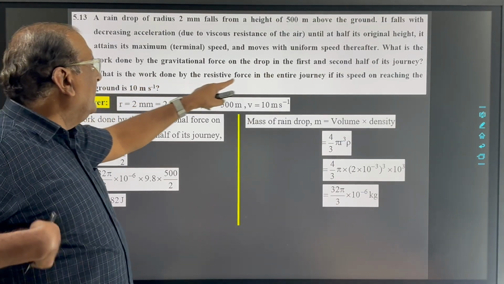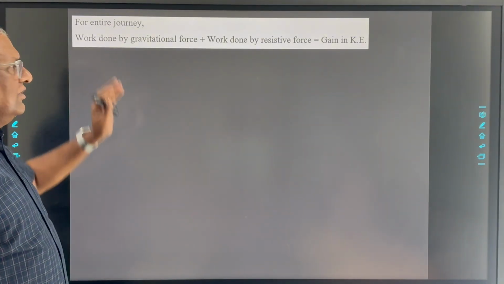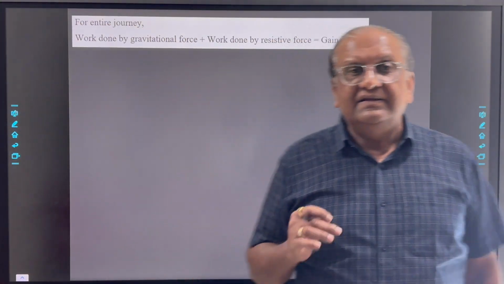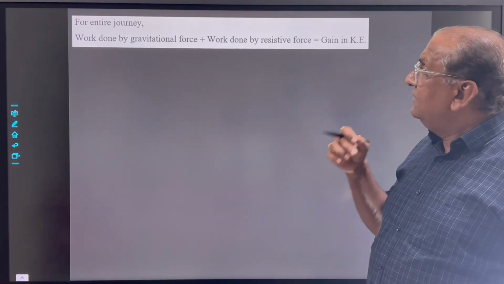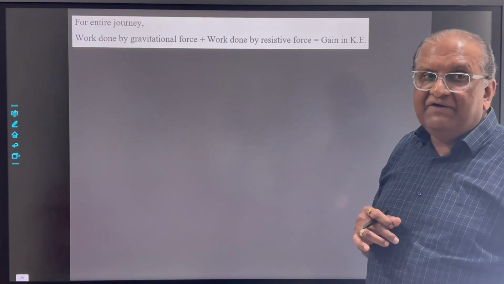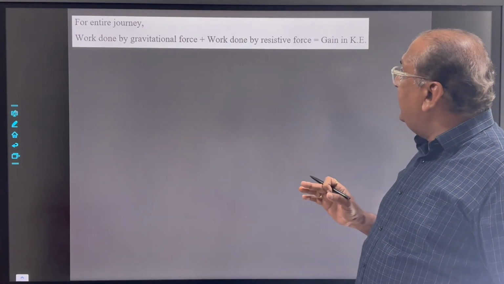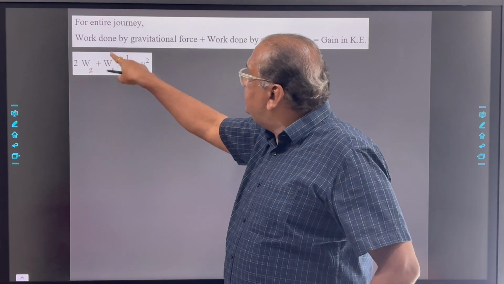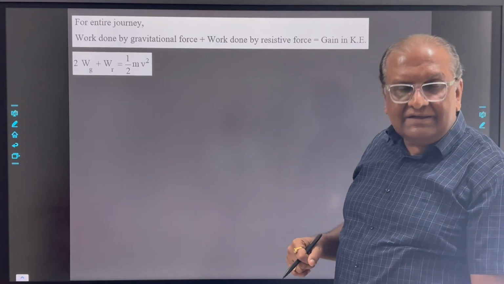Now second part. What is the work done by the resistive force during the entire journey? Right? Now see, for the entire journey, the total work done is the work done by gravitational force during the entire journey. For each half, we calculated the work done by gravitational force, and we can write 2 times W_g as the total work done by gravitational force during the entire journey.